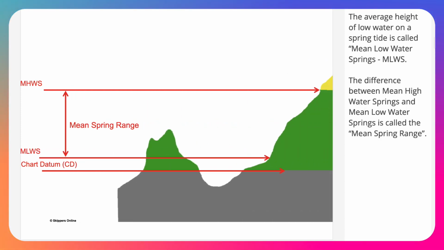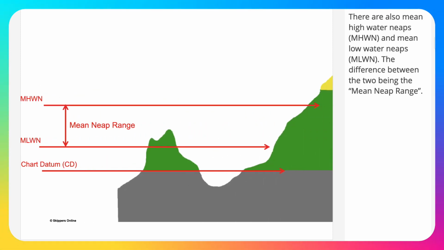The average height of low water on a spring tide is called mean low water springs, MLWS. The difference between mean high water springs and mean low water springs is called the mean spring range. There are also mean high water neaps, MHWN, and mean low water neaps, MLWN.